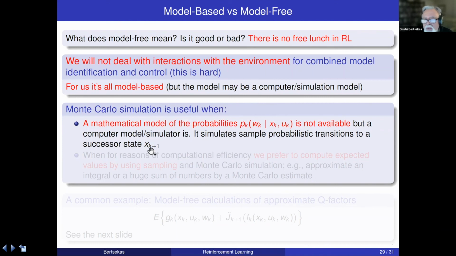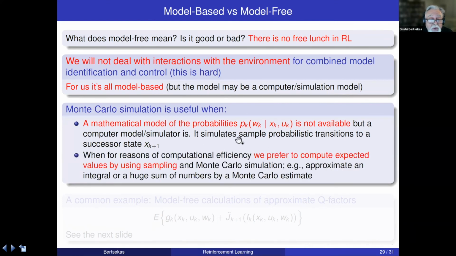And in principle, using the simulator, you could compute these quantities here, although that may not be the best way to proceed. So that's one context where you want to use a Monte Carlo simulation approach and a computer model.